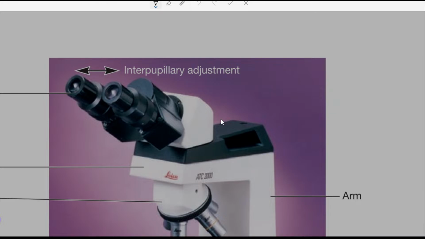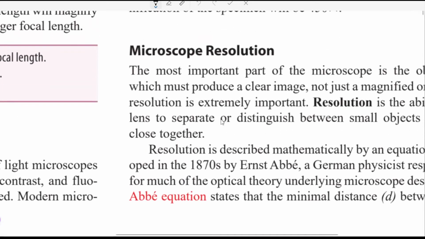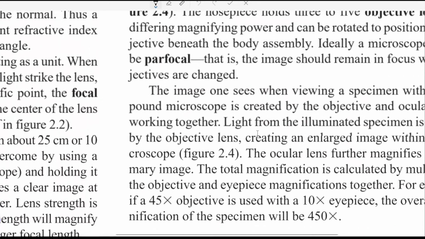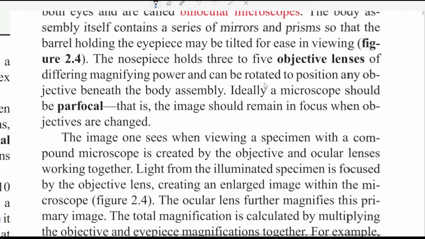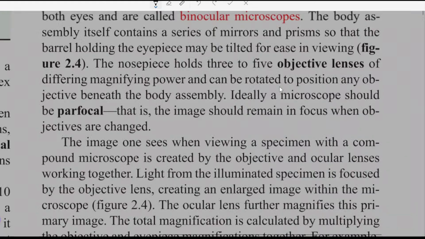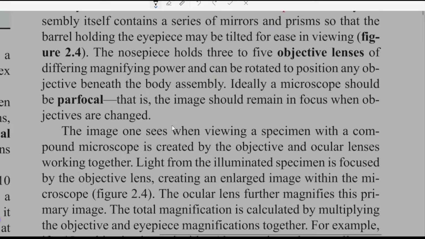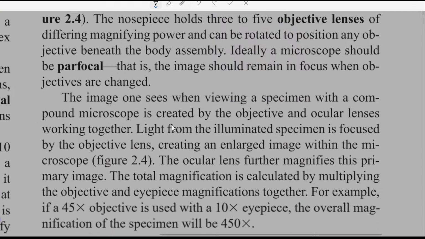But sometimes you do want to look into detail of that specimen, so you do need higher objective magnification. And they are saying that they can be rotated. Yeah, you can rotate and bring the one that you want to see above the sample.